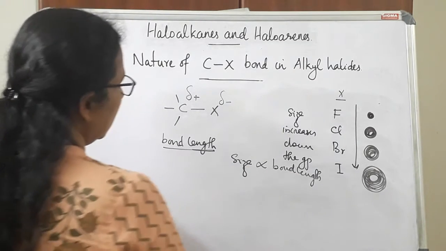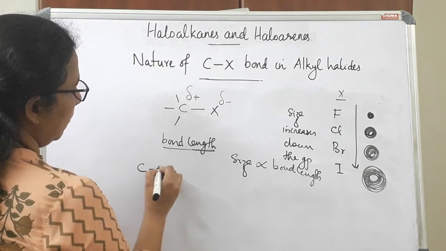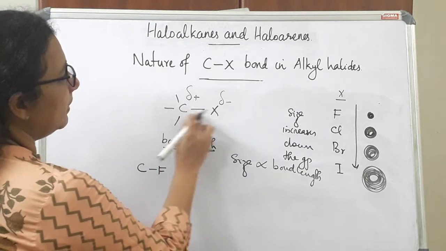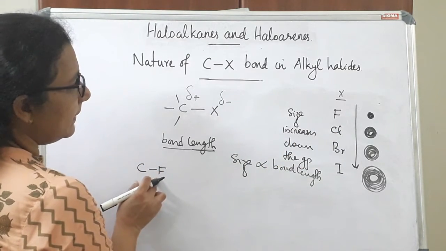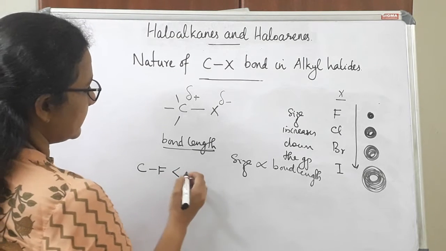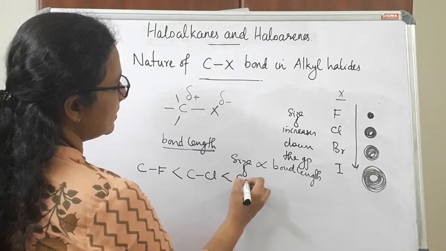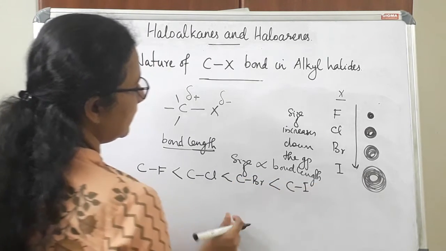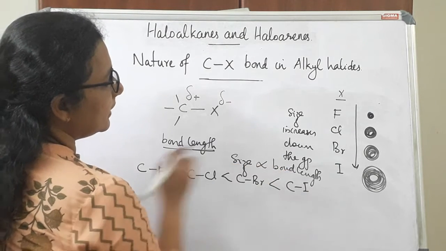So we can write an order of bond length of C-F, that means carbon and fluorine. Fluorine is the smallest atom, so this will have the lesser bond length. So C-F is less than C-Cl, which is less than C-Br, which is less than C-I. Size and bond length are directly proportional.